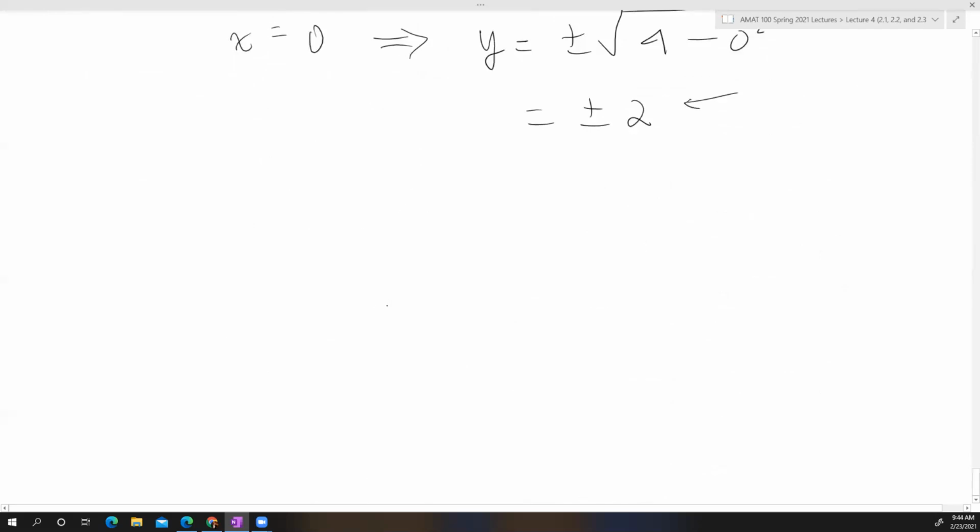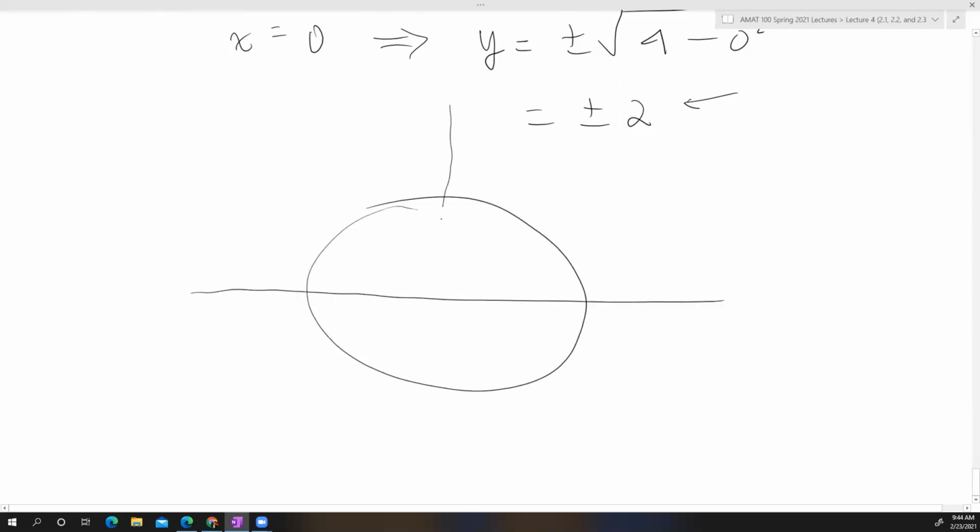But there's also a geometric way, using the vertical line test. So we have a circle, not a perfect circle, but it's good enough, centered at 0, and the radius is 2. If you draw a vertical line here, you see that it intersects at 2 points. So it does not pass.